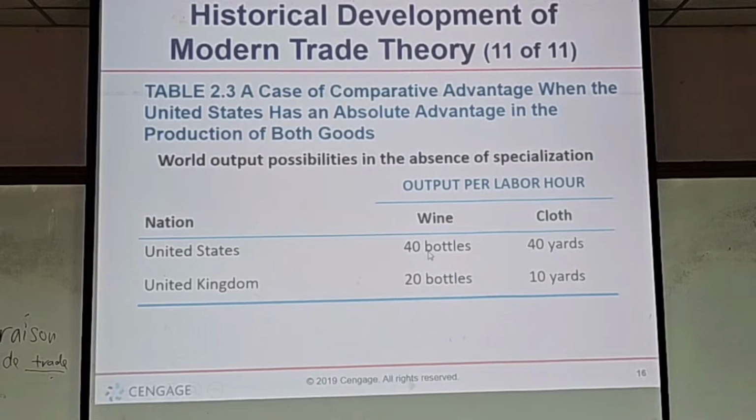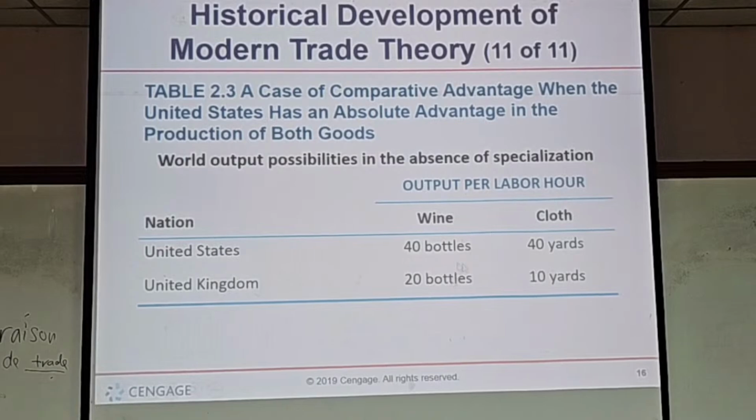One labor, 1 hour. Water, product to product. So what about cloth? Which country has 50 to 10? Which country has comparative advantage in the production of water?